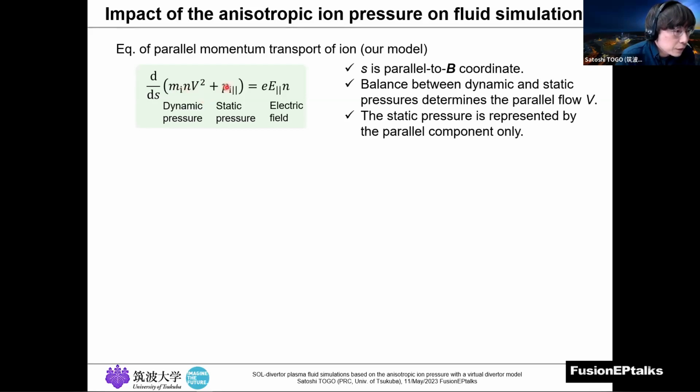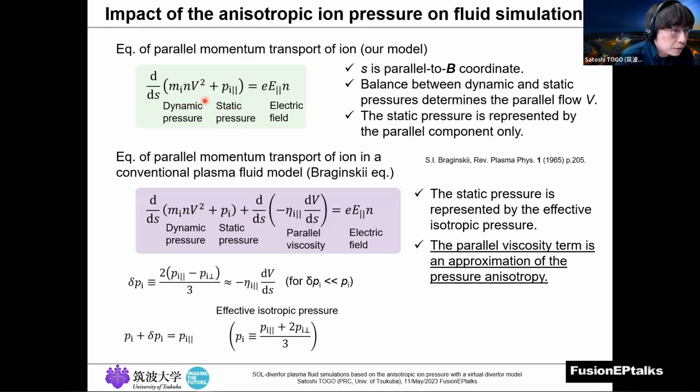The first and second terms in the parenthesis are called dynamic and static pressures, respectively. And please note that the static pressure is represented by the parallel component only. This equation means that the balance between the dynamic and static pressures determines the parallel ion flow V.